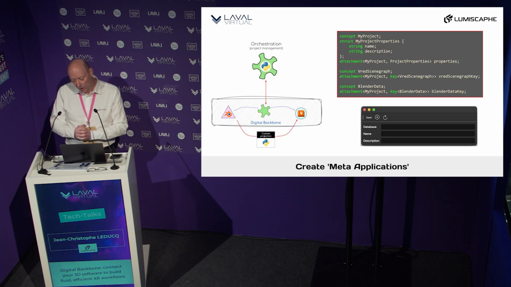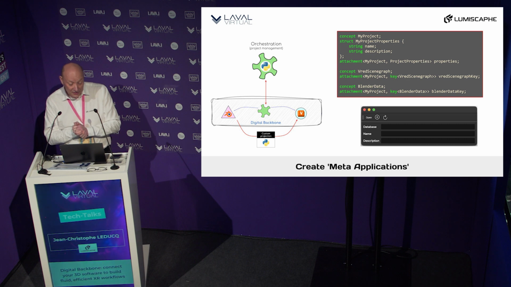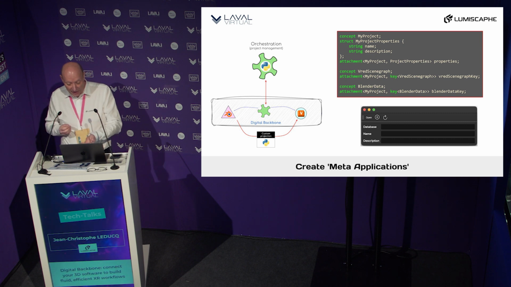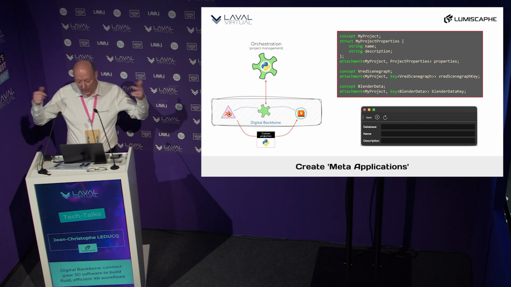Just here, an example of that very small application that is written in Python. This is just for the demonstration. We have created a very small application with a notion of project, and we describe the data structure of that application. You see, this is a description. We have developed a description language of the schema of the information. And you describe here my project with a name and description.